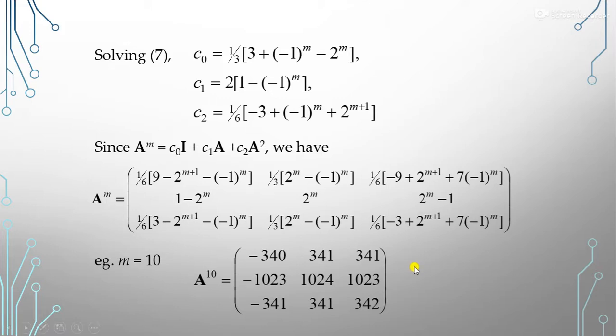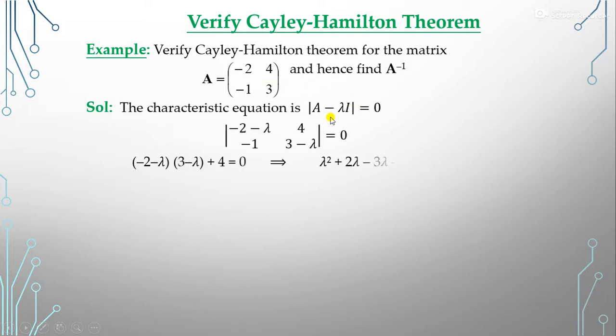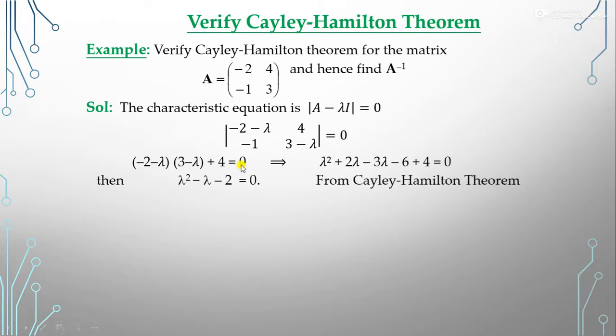Clear? Second thing is, we have this type of question: verify the Cayley-Hamilton theorem for a given matrix A. So first of all, let's see how to verify the Cayley-Hamilton theorem. We take here our 2 by 2 matrix. Our first task is to calculate the characteristic equation, and when we solve it, we get the characteristic equation lambda square minus lambda minus 2 is equal to 0.